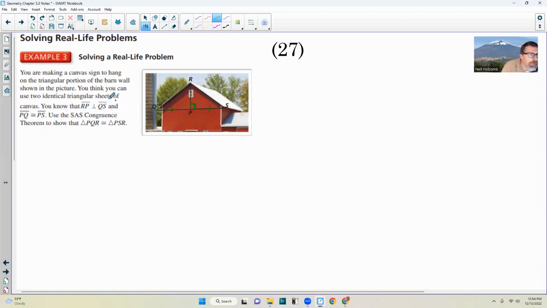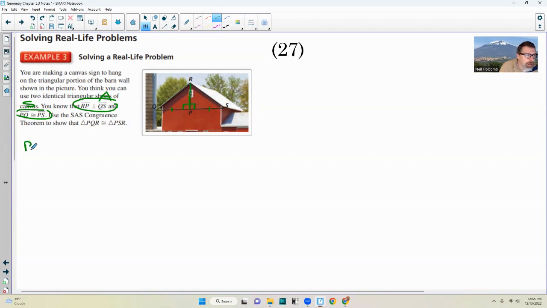Well, we already know that they're perpendicular, forming a 90-degree angle. So if that's 90 degrees, this is 90 degrees because QS is a straight line. So now we have an angle in each triangle. We have a side in each triangle. So there's our side, and this is our angle. All we need now is another side, and it is right here, RP.